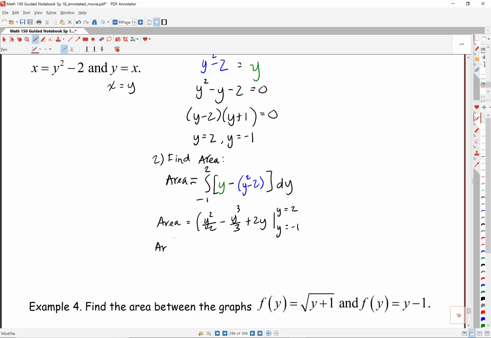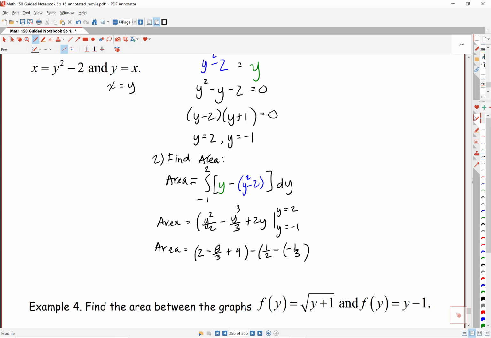So our area will be, I think we'll get 4 over 2 is 2 minus 8/3 plus 2 times 2 is 4. I guess we don't need this bracket. And then minus, so negative 1 squared is 1, so we'll get a half minus negative 1/3.